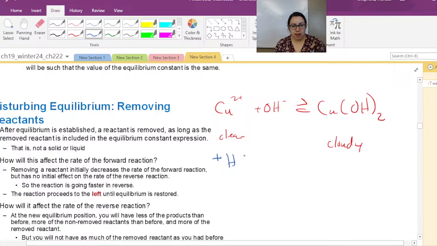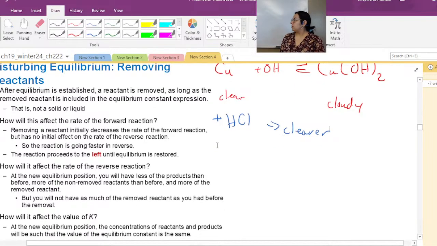So let's say we were to add hydrochloric acid to this system. Then they react, so we've removed hydroxide, and that's going to cause our equilibrium to favor our reactants since we removed them. And then it would become clearer from more of our copper hydroxide dissociating to make liberated hydroxide ions, and that would be clear.